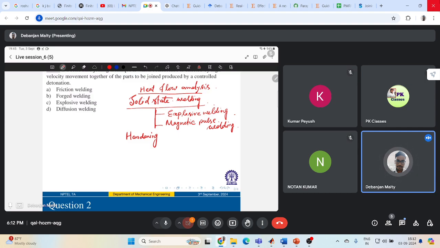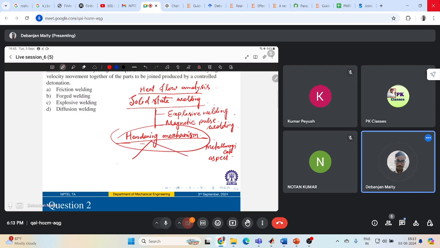So what we will cover in hardening mechanisms. Basically, this will be much more on the metallurgical aspect. Hardening mechanism will be very important to understand what is going on in terms of metallurgy in your fusion zone or heat affected zone or partially melted zone, different regions of welding, right? So in general, two different hardening mechanisms we will talk about.